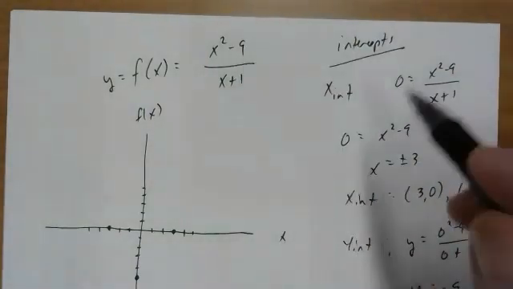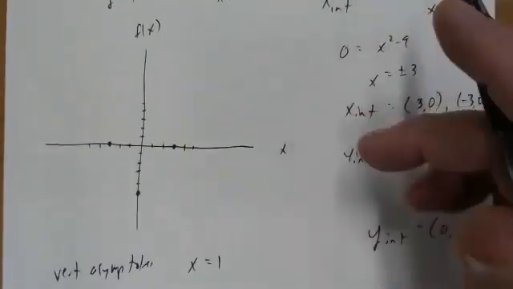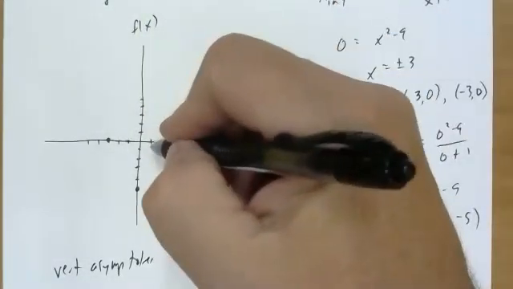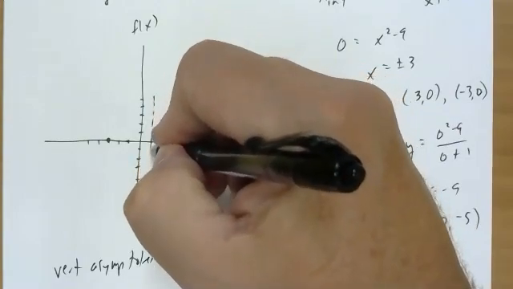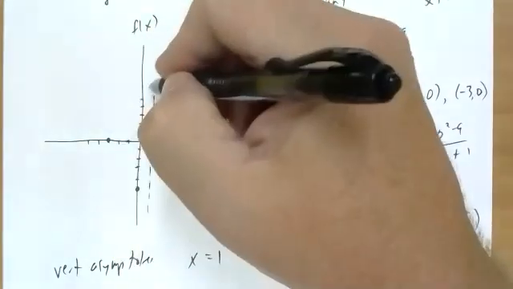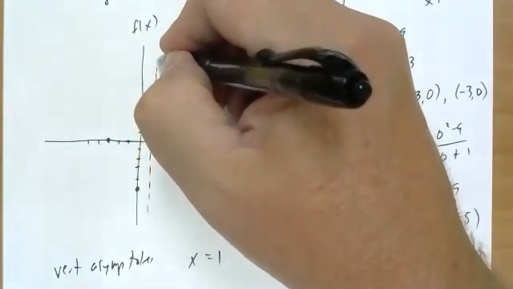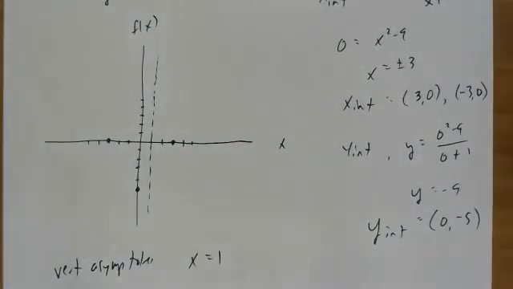I check the numerator, it's okay. So vertical asymptote at x equals 1. I'll go and draw on my vertical asymptote. All right, pretty straightforward. Now let's see about the horizontal asymptote.